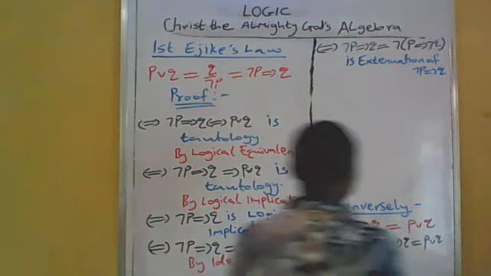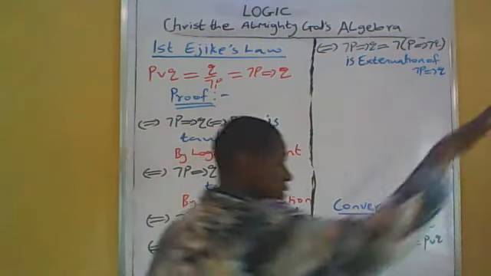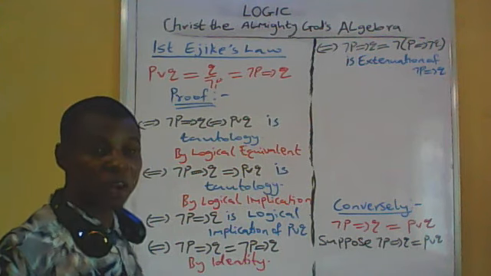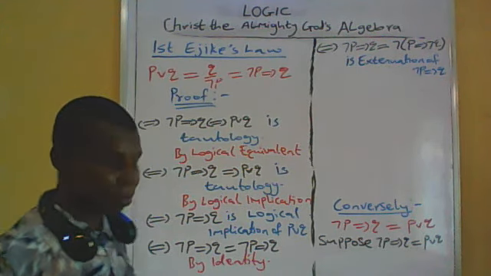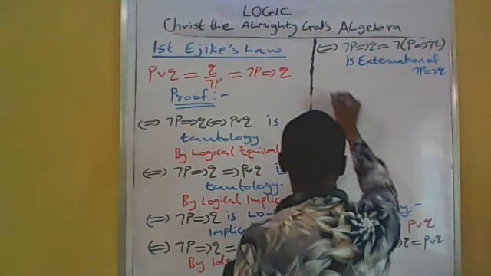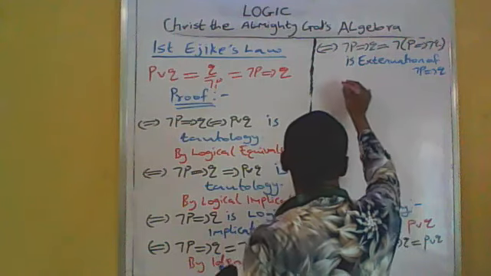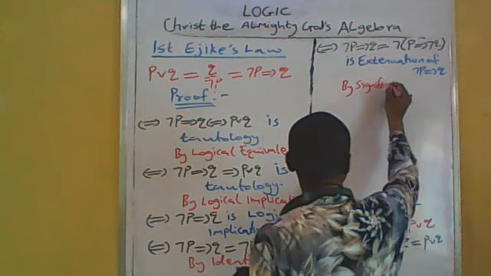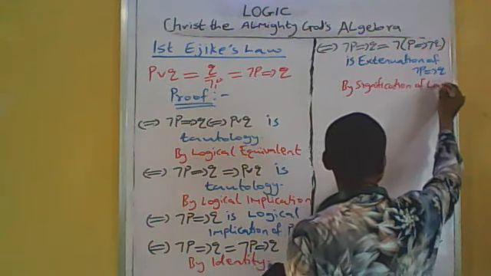Because this factor of the equation has now been decreased, it's now equal to P and the Q. So if and only if, we justify by signification of law.